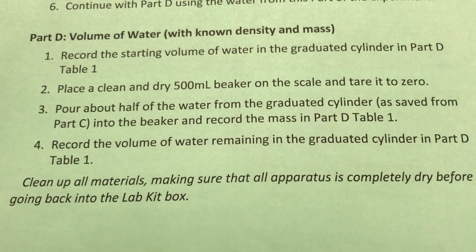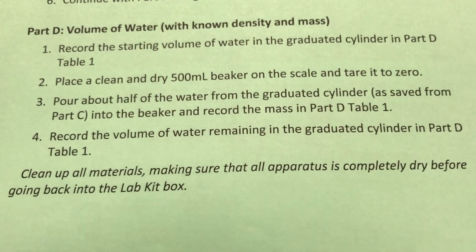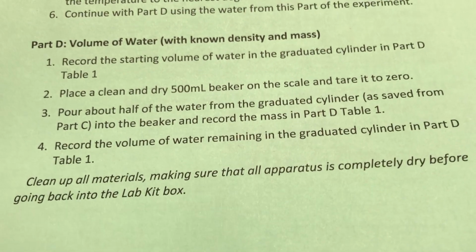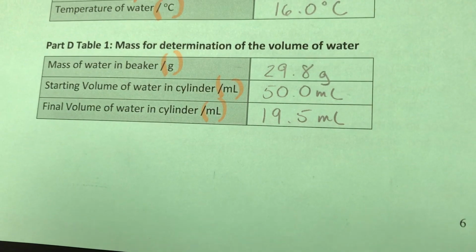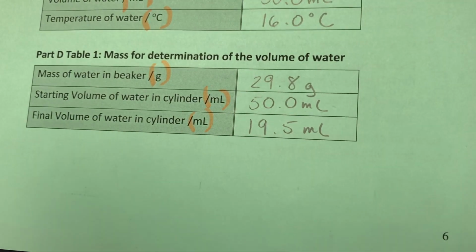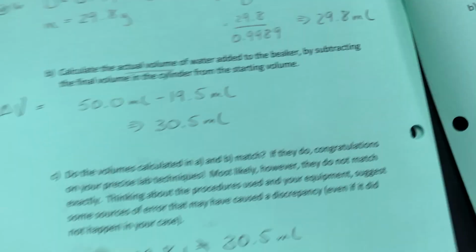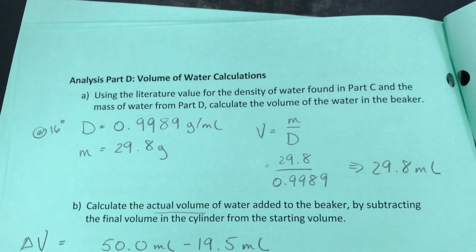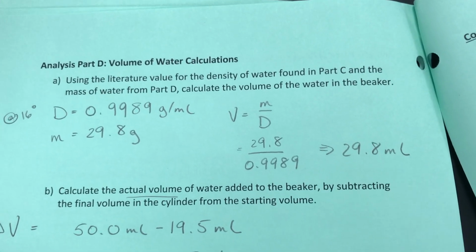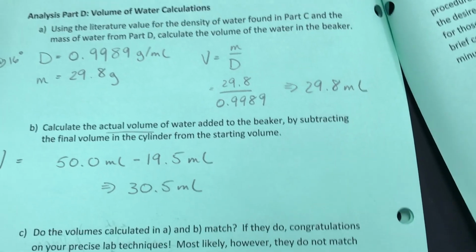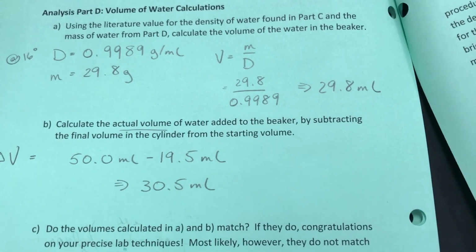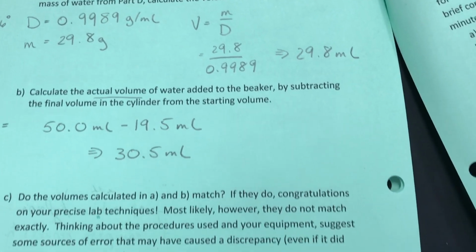So in this one, you're going to follow the procedure in Part D and fill out your observation table in Part D. And then you're going to complete the analysis of Part D, where you're going to take that literature value of density of water and the mass that you determine and calculate the volume.